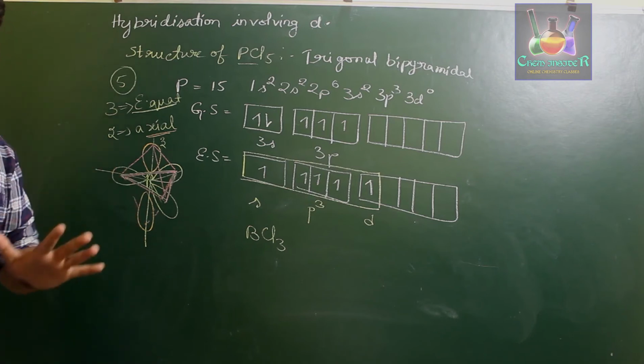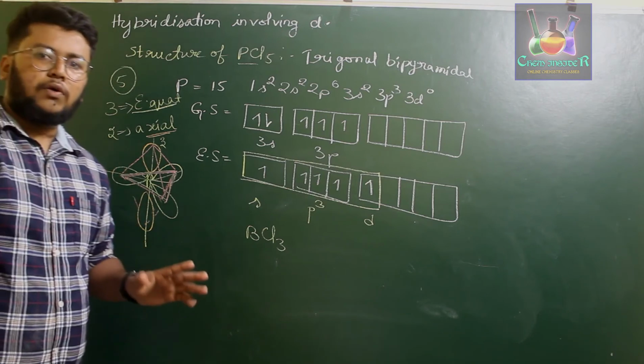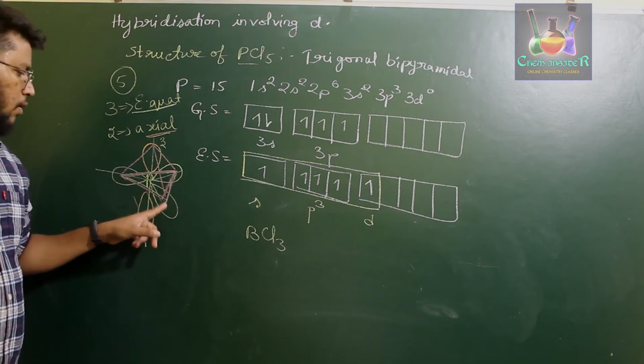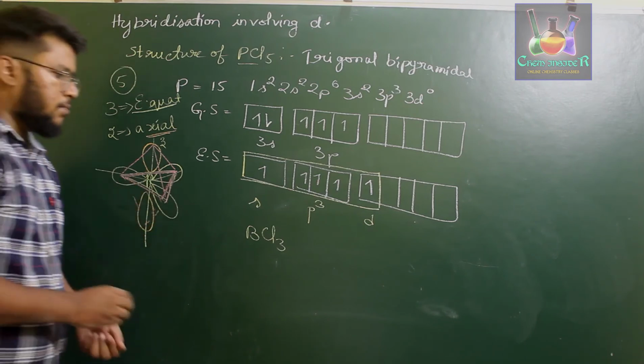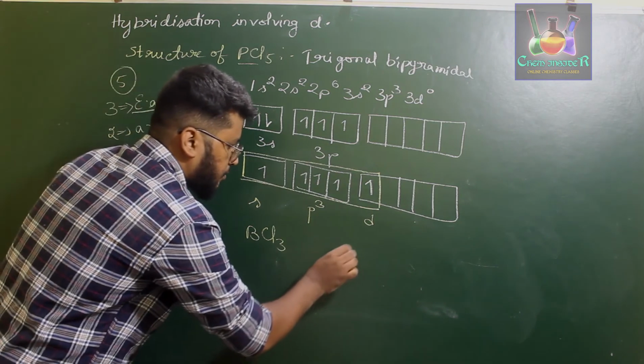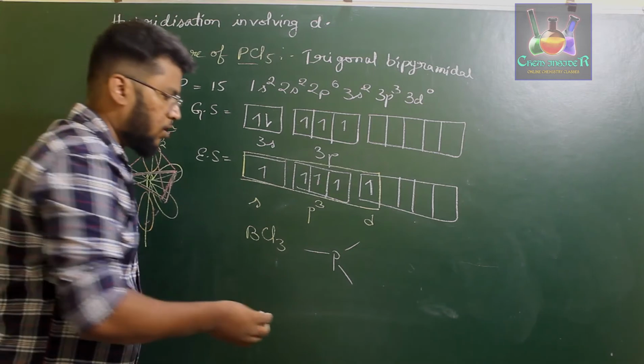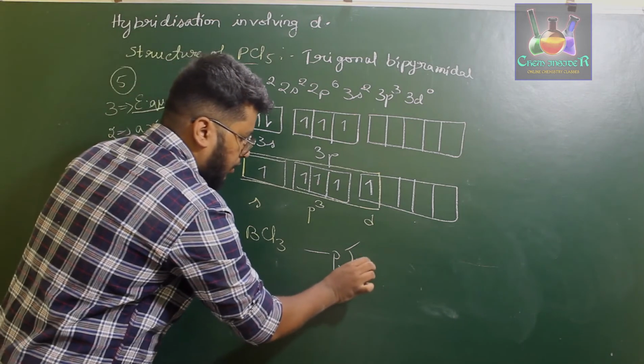So it forms 5 sp3d hybrid orbitals, out of which 3 are present in a plane, with the bond angle between these 3 being 120 degrees. So P has 3 of those sp3d hybrid orbitals at 120 degrees to one another.